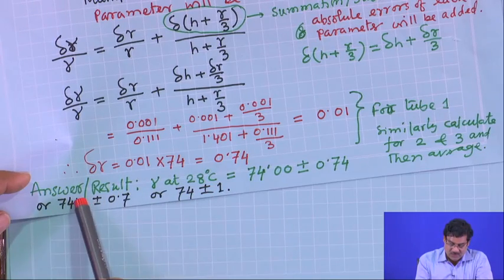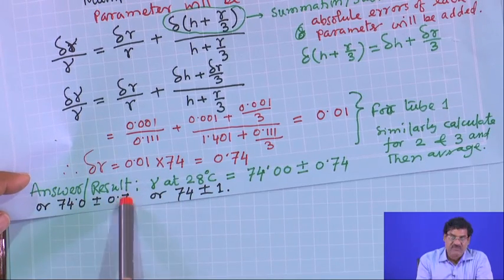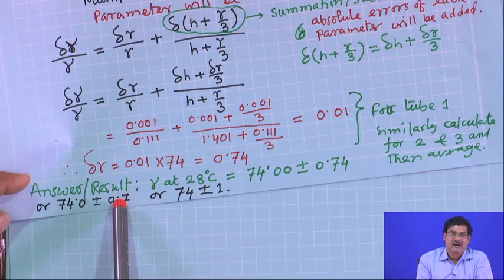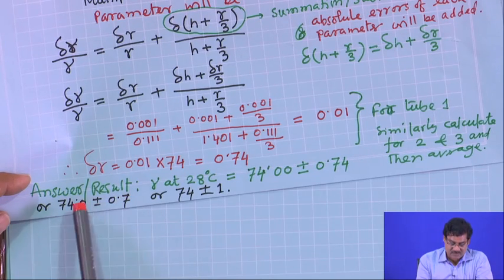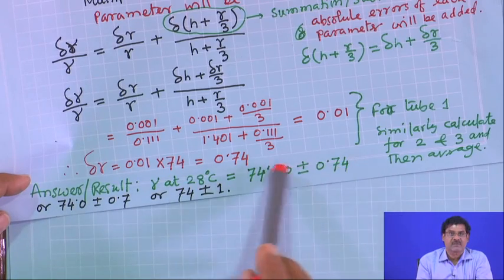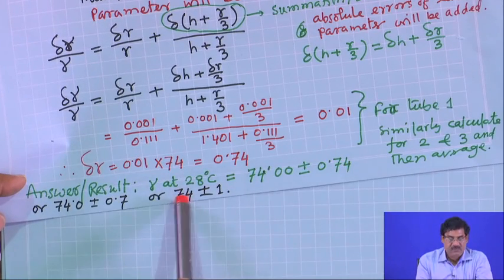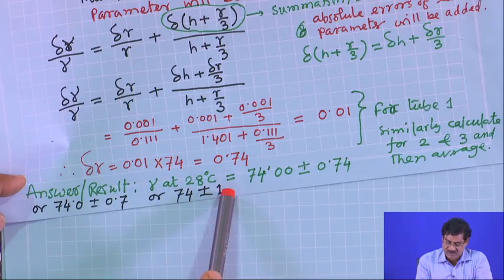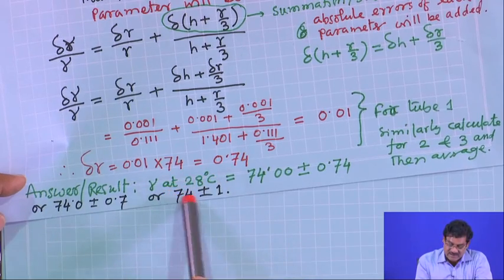If it is one decimal point, the error should also be one decimal point; two decimal points, the same; no decimal point, this one. I would prefer to write this one.